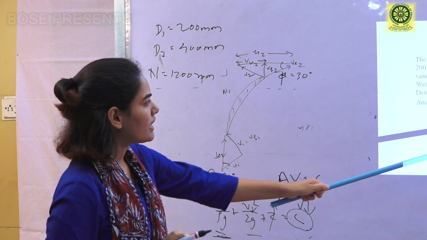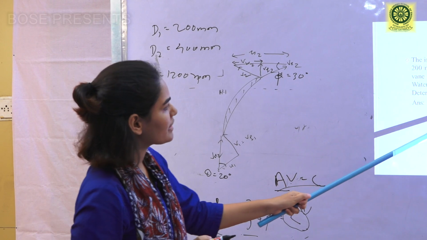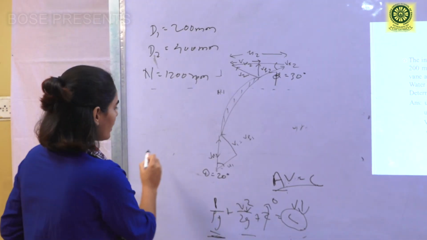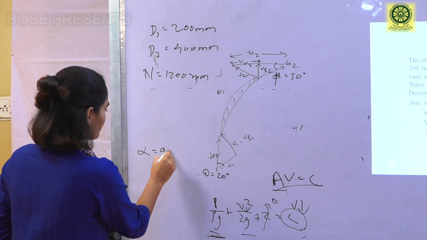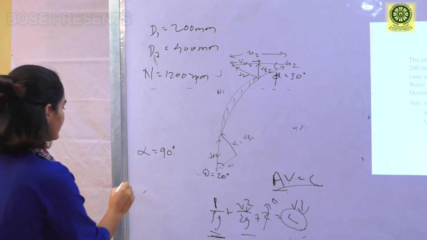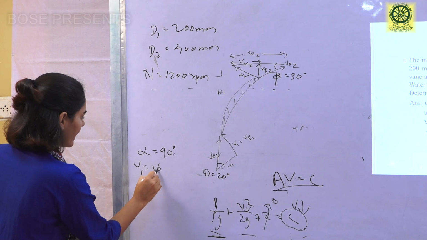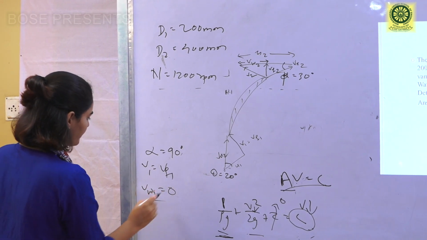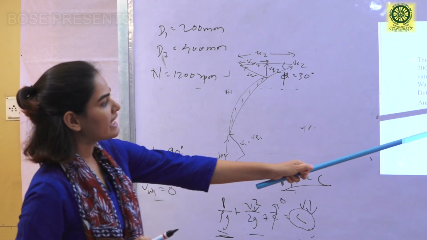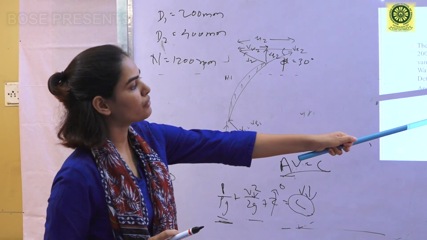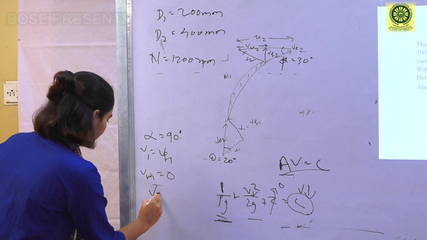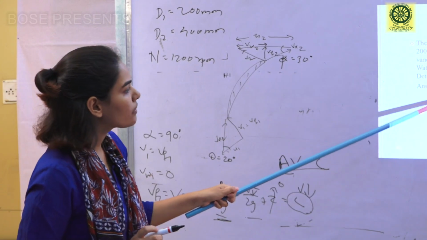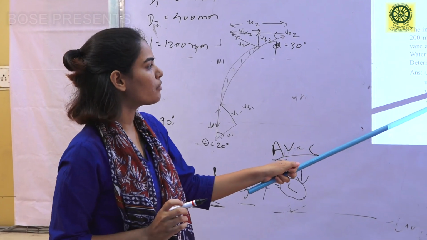Now, water enters the impeller radially and the velocity of flow is constant. So alpha is 90 degrees because water is entering radially. That is, V1 will be equal to Vf1 and Vw1 will be 0. It is also saying that the radial velocity of flow is constant, that is, Vf1 equals Vf2. Now they are asking to find the work done.